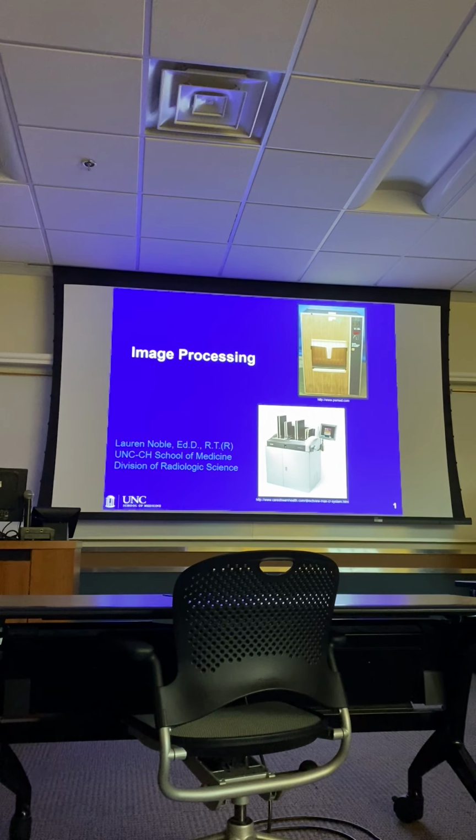So tomorrow in lab, I'll take a minute or two and take the lid off of our processor, so you can see what the chemistry tanks look like and the roller assembly that moves the film through the chemicals. There were two main chemicals. There was a developer that would start the processing of the image, and then another tank called fixer, which would basically harden the image.